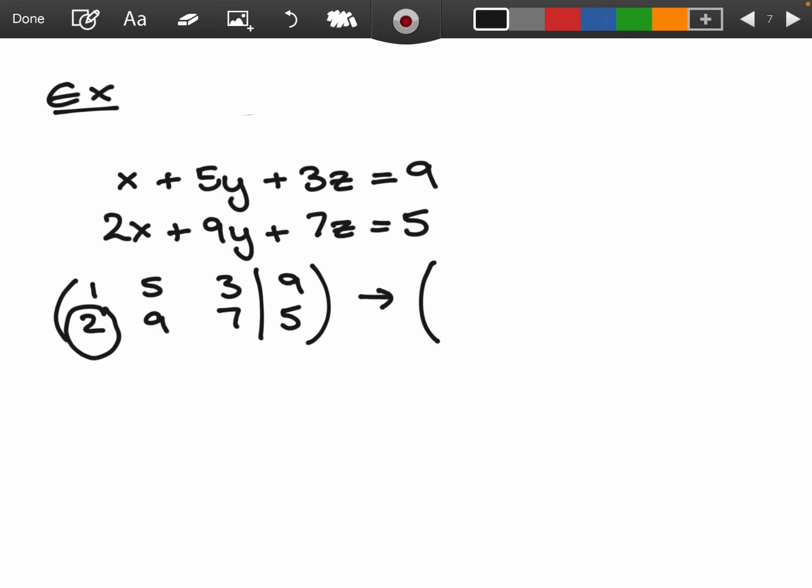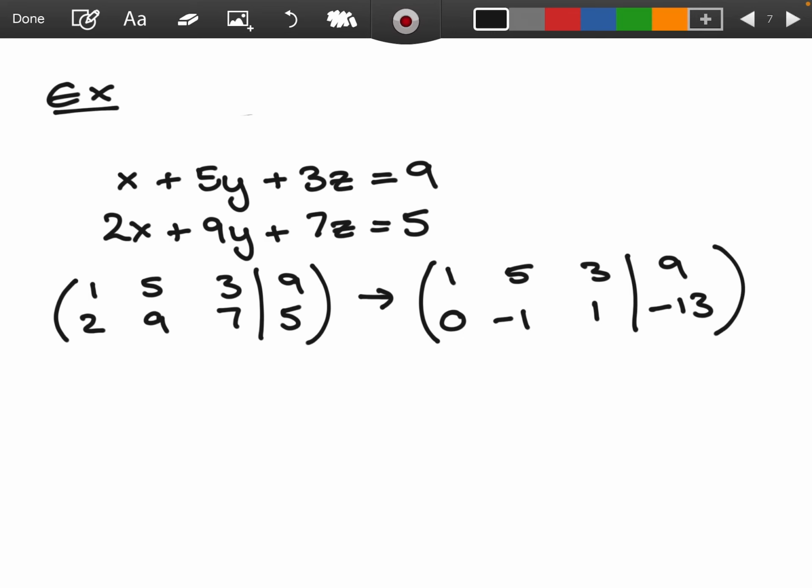So I've got a 1 in that top left entry, we're good to go there. I now have to make this term, that 2, a 0. So I'm going to do row 2 minus 2 times row 1. Row 1 remains the same. That then becomes a 0, and I get -1, 1, -13.